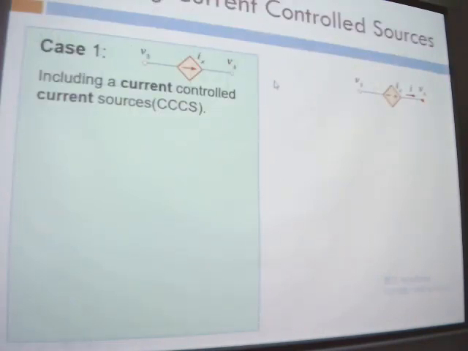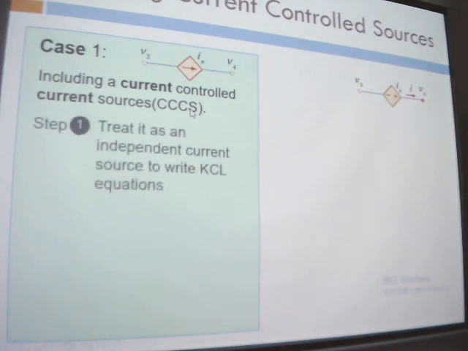Now we're going to see the case including current controlled sources. This one is a little bit complicated. Okay. So here we can see, it's a current controlled current source, right? And step 1, we take this one as an independent current source to write KCL equations.